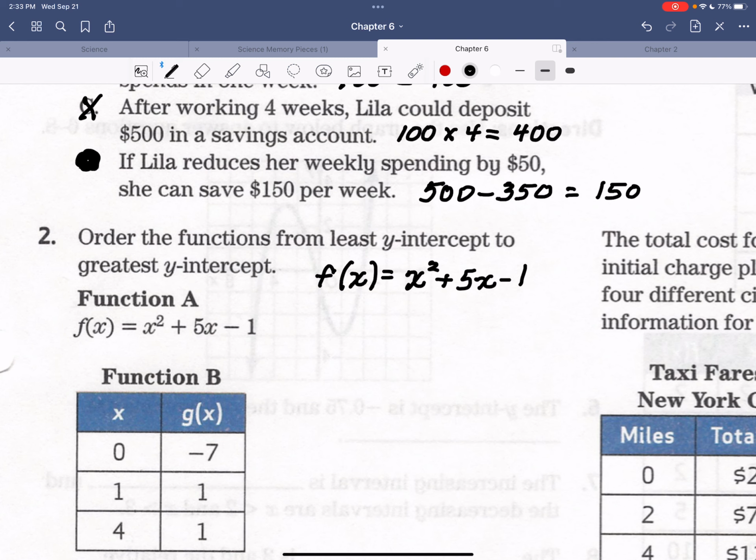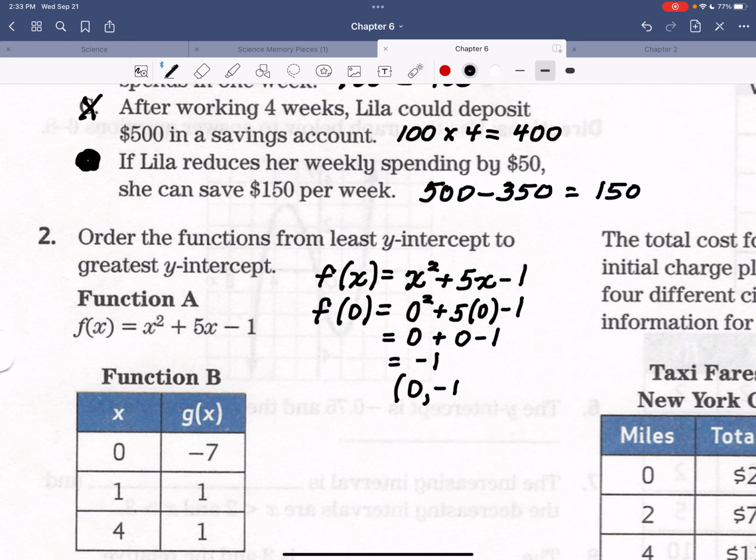If not, just let your x be 0, and you'll find it. So 0 squared plus 5 times 0 minus 1. That's going to be 0 plus 0 minus 1, or minus 1. So when x is 0, y is minus 1.